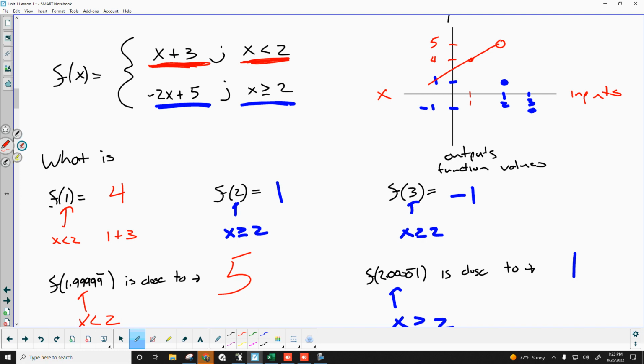And then we kind of go off to the left here. And for the other guy, not only am I approaching this value of 1, but I have the value of 1 because we are plugging in 2 into this piece, and then we kind of go off from there. And there you go, you just created a graph. You can get the answers without looking at the graph.